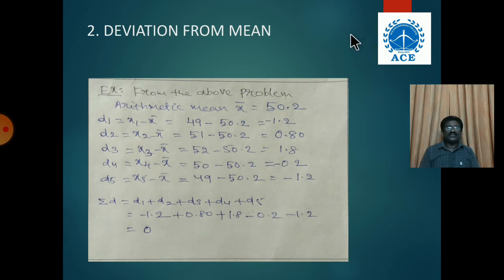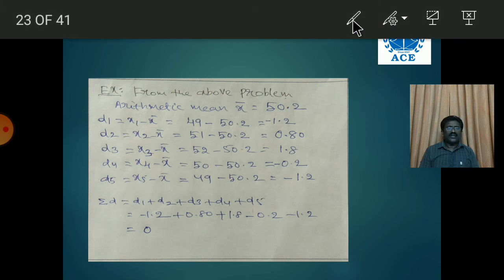d2 equal to x2 minus x bar. We know x2 is 51 and x bar is 50.2, so the deviation is 0.8. d3 equal to x3 minus x bar is equal to 52 minus 50.2, which is 1.8. d4 equal to x4 minus x bar. We know x4 is 50 and x bar is 50.2, so the deviation is minus 0.2. d5 equal to x5 minus x bar, which is 49 minus 50.2, equal to minus 1.2.